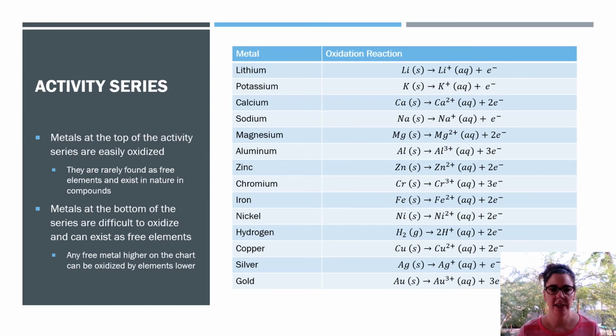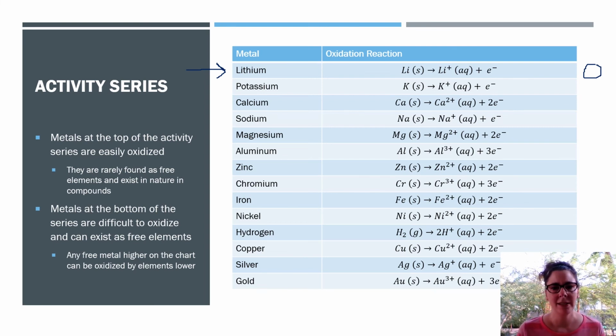So in an activity series, we're essentially saying these ones are very, very active or reactive, and these ones are not. So how this is read is these ones at the top are the most reactive, which means they're easily oxidized. So I'm going to put an O up here. These ones are very easily oxidized.